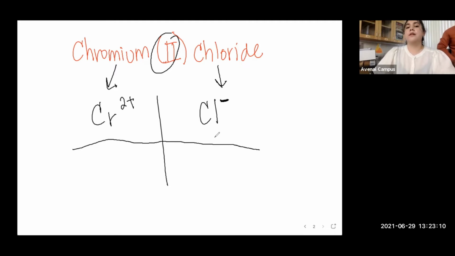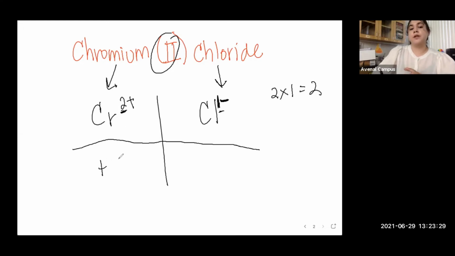Okay? So a trick would be, you would just multiply the numbers, right? You have 2 here, so 2 times, and here you have what? 1, and you get a total of 2, okay? Therefore, on your chromium, which is a metal, it's a plus charge. We want to add it up to +2.